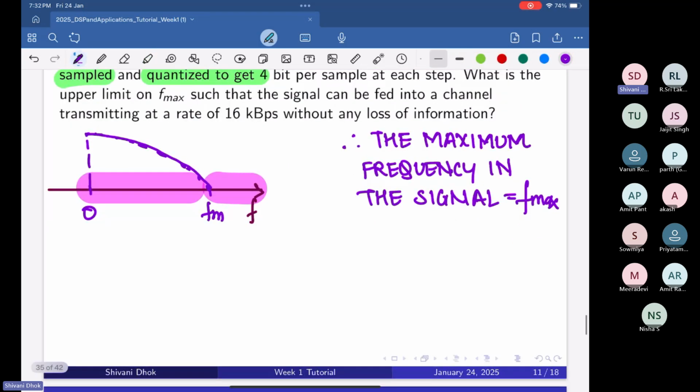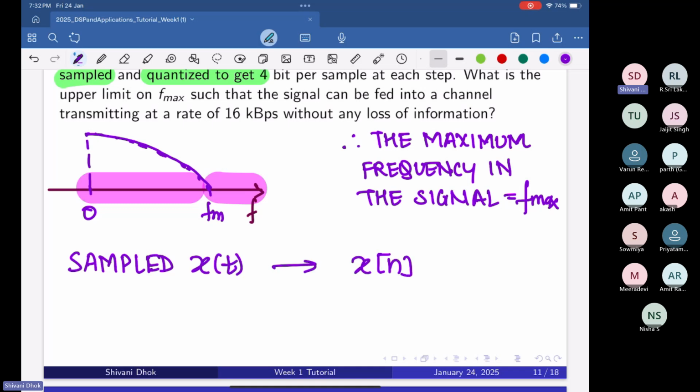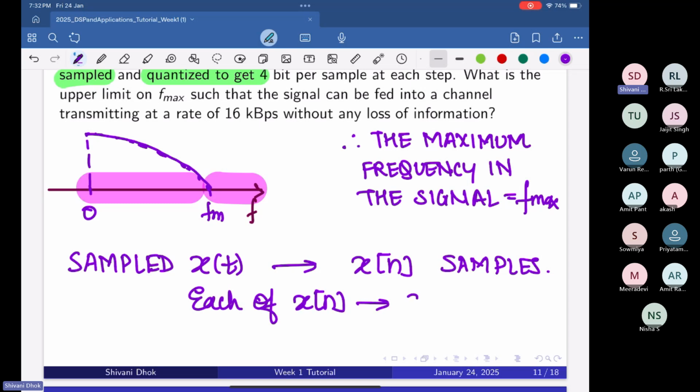So what it means is, we sampled a signal to get x of n samples, and each of these x of n is quantized, or represented, using 4 bits.